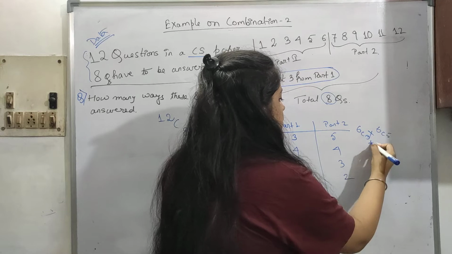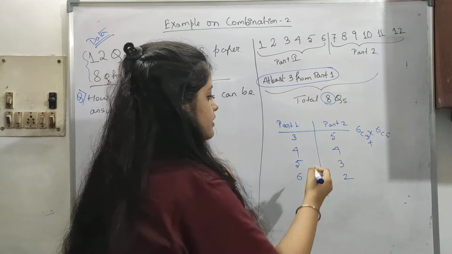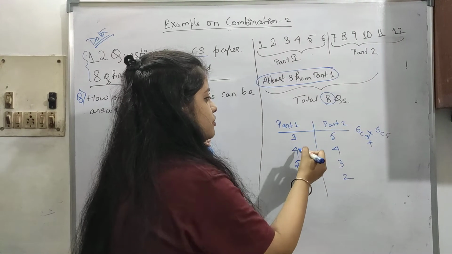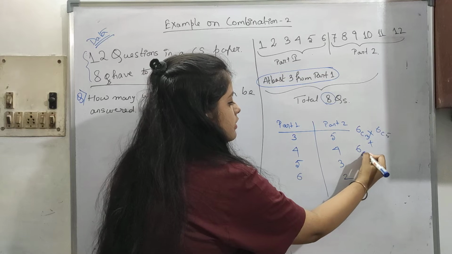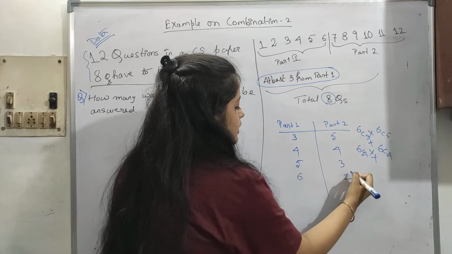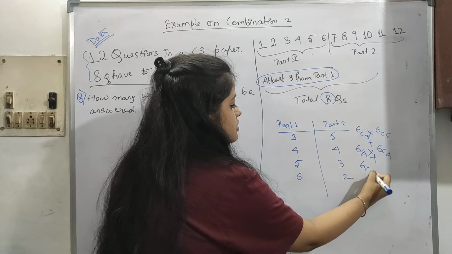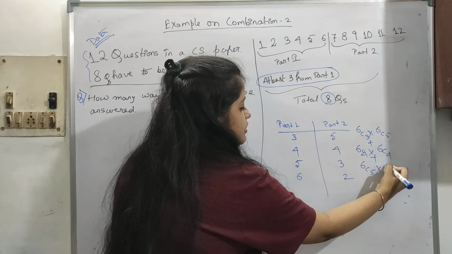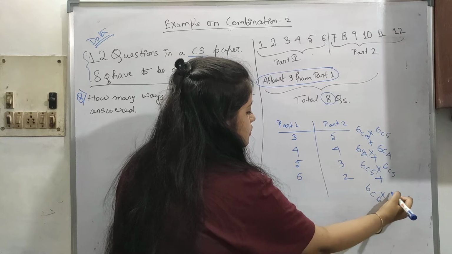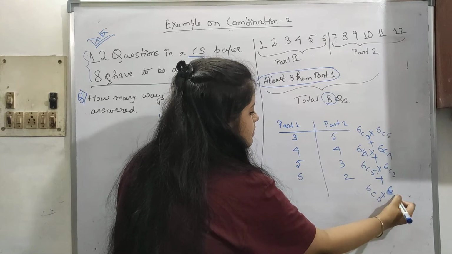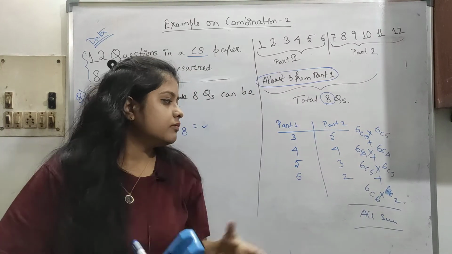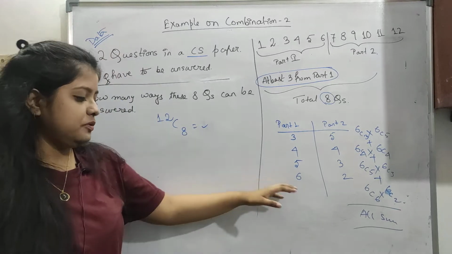This can be one scenario, and the next is another scenario: 4 questions from part 1 and another 4 questions from part 2, or 5 questions from part 1 into 3 questions from part 2, or 6 questions from part 1 into 2 questions from part 2. Whatever the sum, that is your answer. I hope this is clear to you.